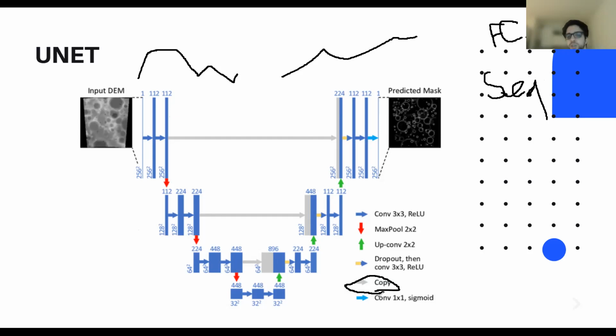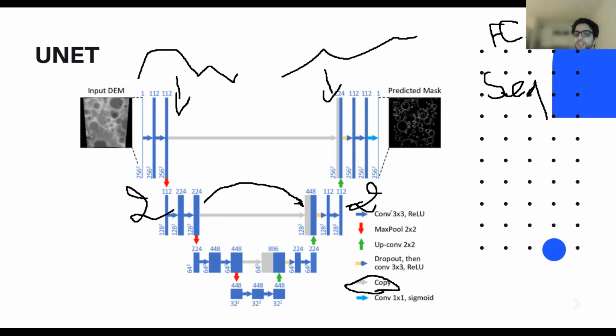So the copy operation simply takes the feature map from this, let's call it block number 1, and it copies or concatenates it with the feature maps going to block number -1, right? So the final block. This one is block number 2. Its convolutional feature map will be used as input for block -2, the block before the last one.